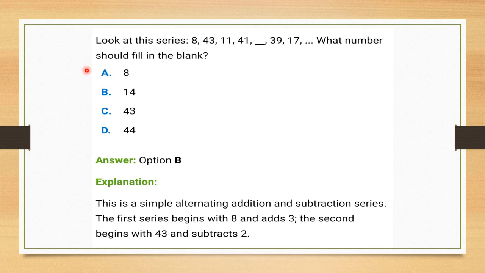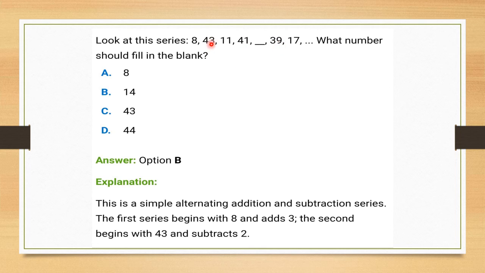Now we have another series: 8, 43, 11, 41, dash, 13, 17. We have to fill in the blank. This is again the case of an alternative series in which we have one series 8, 11, blank, 17, and another series 43, 41, 39.